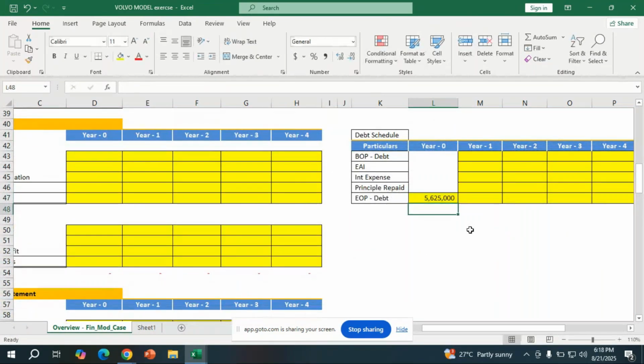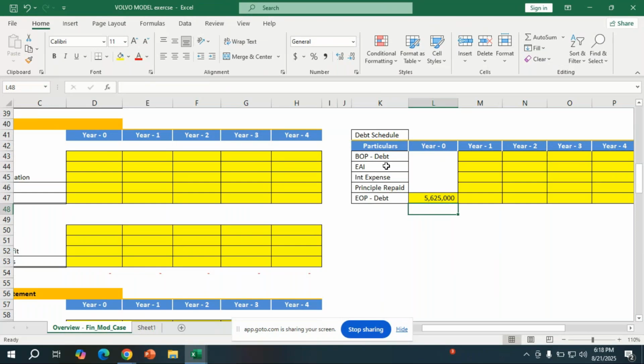Okay. Next, in year one, see, EOP means end of the period, BOP means beginning of the period. So I'll repeat again. BOP is beginning of the period, EOP is end of the period. I've already explained in the initial classes of your FM. EAI means easy annual installments. EMI is equated or equal monthly installments.